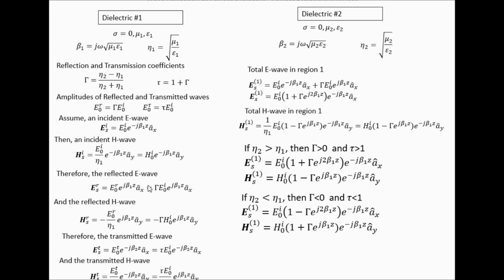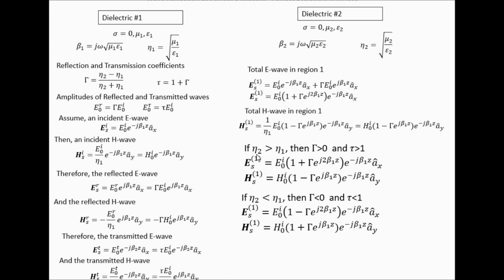So these are the parameters or wave equations we might ask you to find here. One is the reflection coefficient, transmission coefficient, incident wave, reflected wave, transmitted wave, electric field and magnetic field.